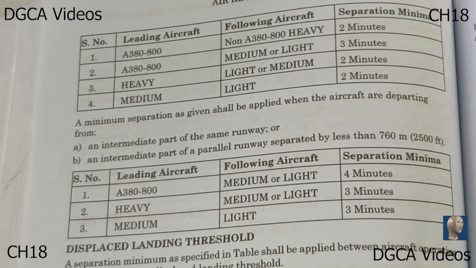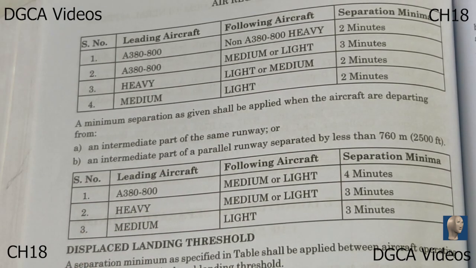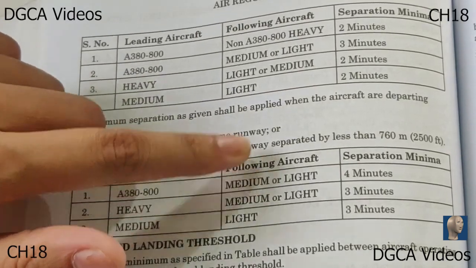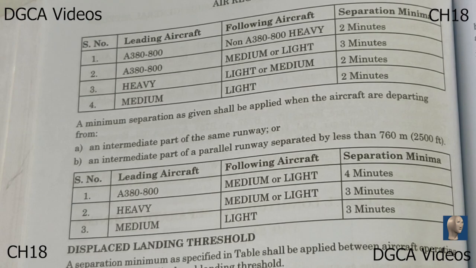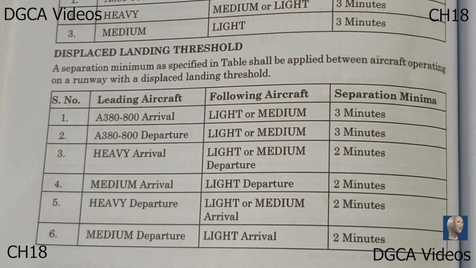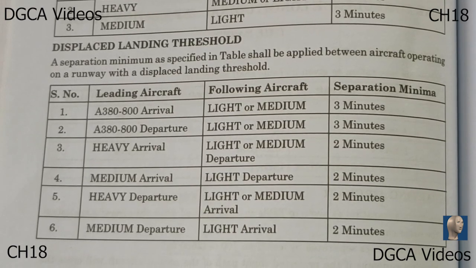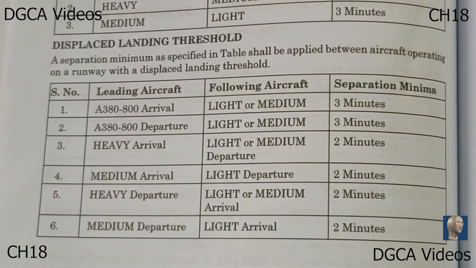So that is when you have to follow this. Or in case of the intermediate part of the same runway, or the intermediate part of the parallel runway separated by less than this, then you have to follow this table. The displaced landing threshold, a separation minimum as specified in this table will be applied.